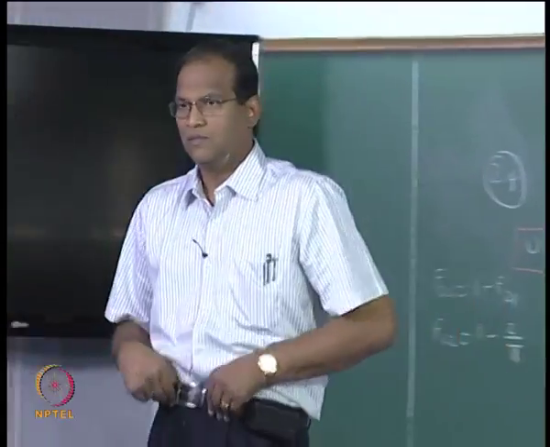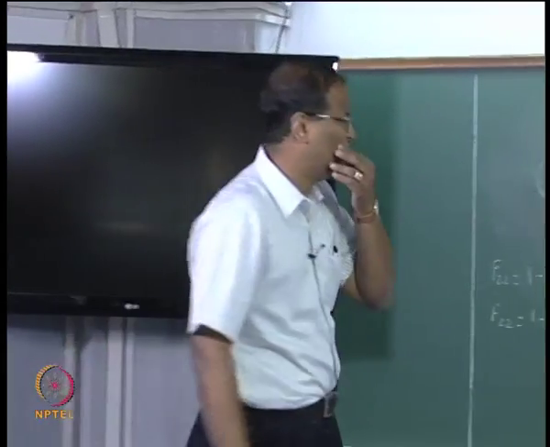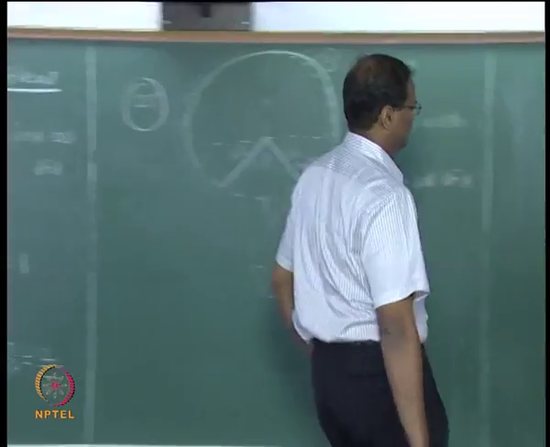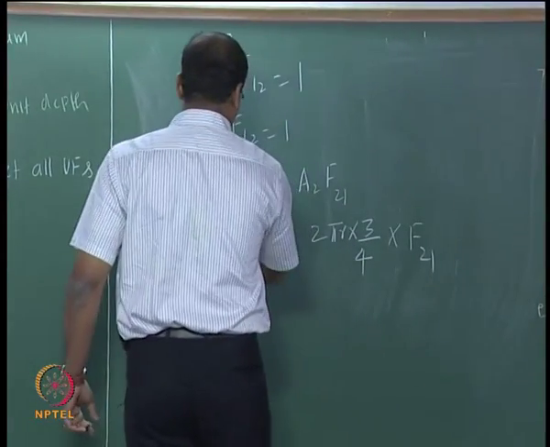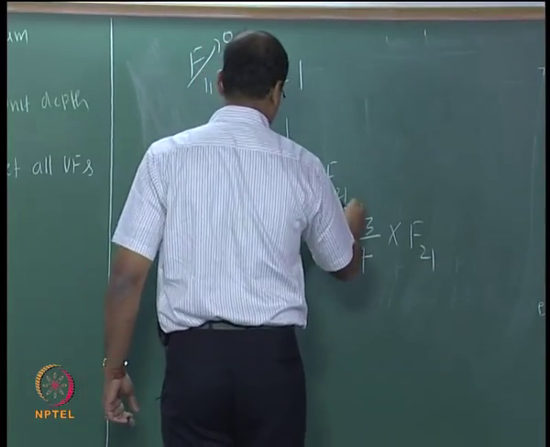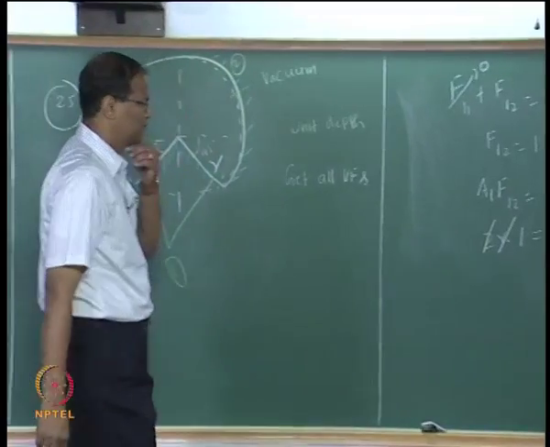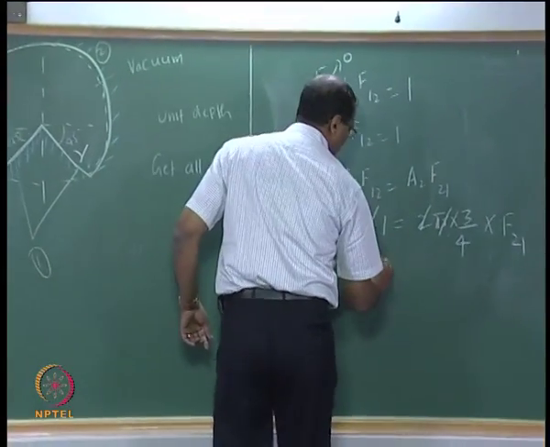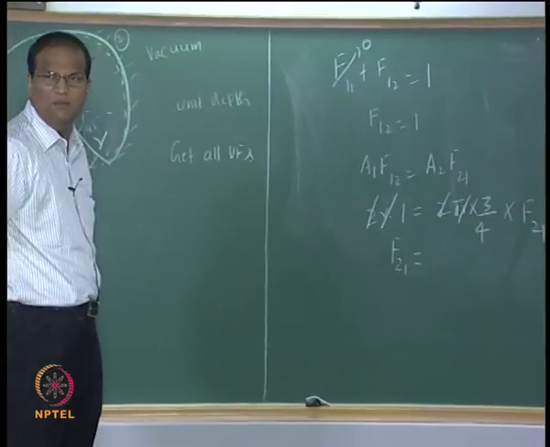3/4 of pi d, correct, into F21. Four by 3 pi.